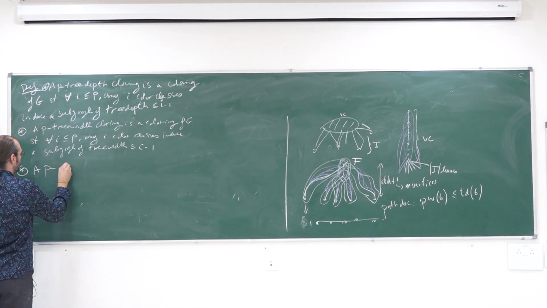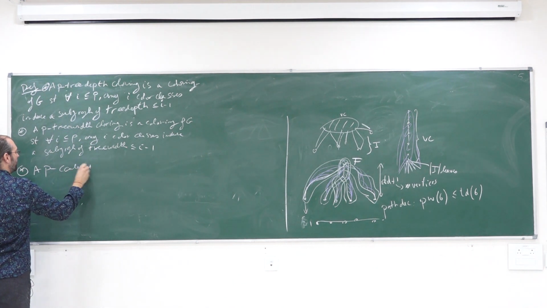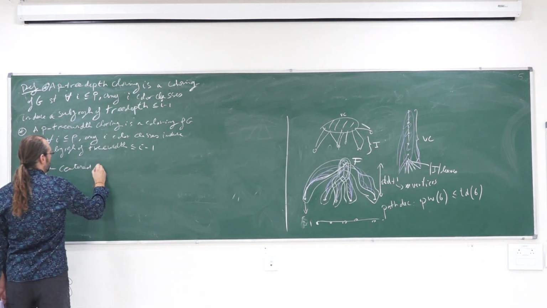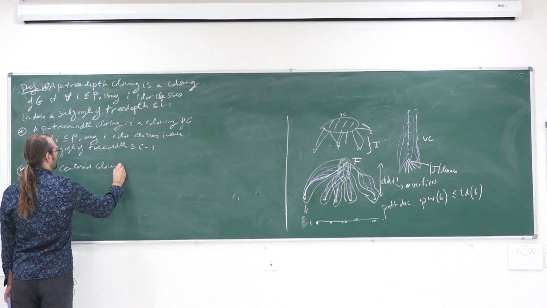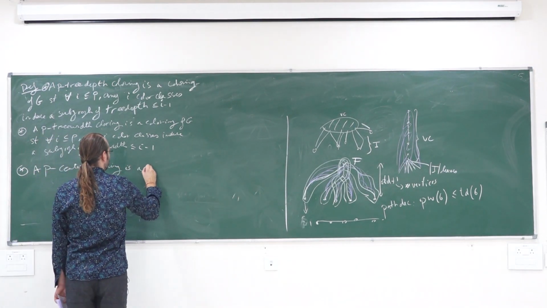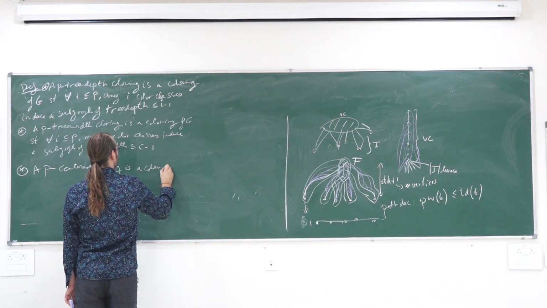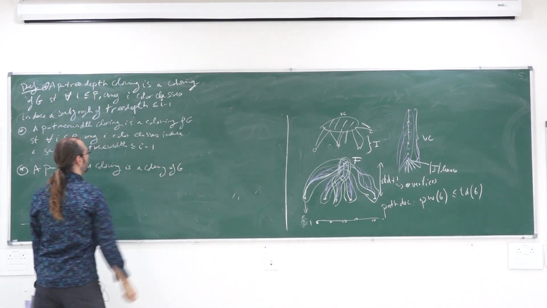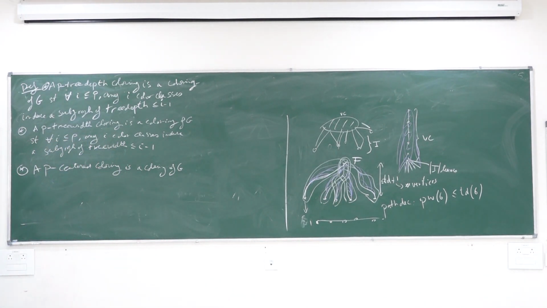It's called a p-centered coloring. In fact, what they will show is that on bounded expansion graph classes, these things are all equivalent in some sense, and have two constants.